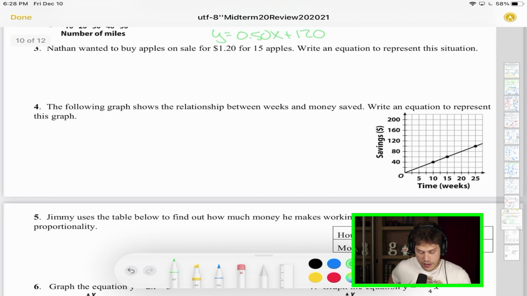Okay, number 3. Nathan wanted to buy apples on sale for $1.20 for 15 apples. Write an equation to represent this situation. $1.20 times 15. No, for 15. $1.20 gets you 15 apples.